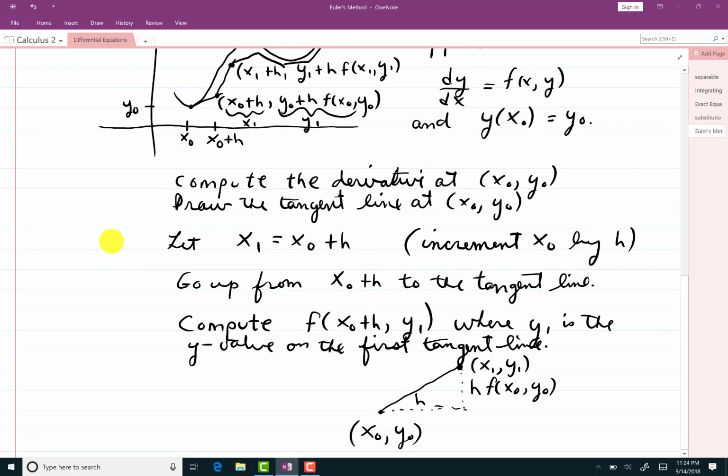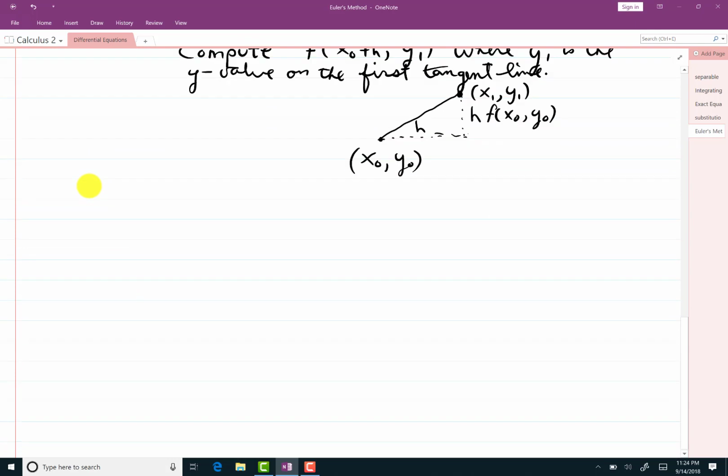So that's the idea. At each stage, x sub 0 will be given, but for x sub n, that's going to be x sub 0 plus nh. This is how many times we've incremented that. On the other hand, y sub n will be gotten from the previous y value.